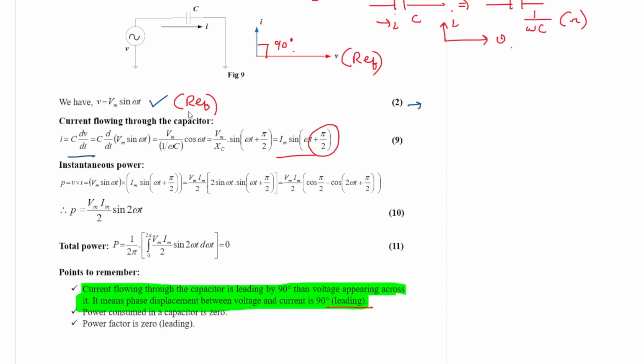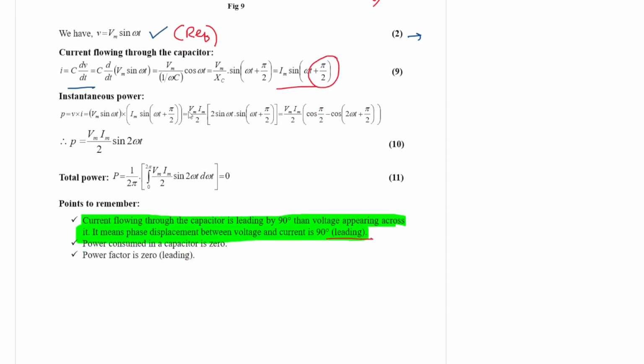Now let us come to the power. Again, instantaneous power is equal to voltage into current, that is the product of instantaneous voltage and current. So this is sin omega t and this is the expression for current. If you approach the same way, it will be 2 sin C sin D, and the result is cos pi by 2 minus cos 2 omega t plus pi by 2.